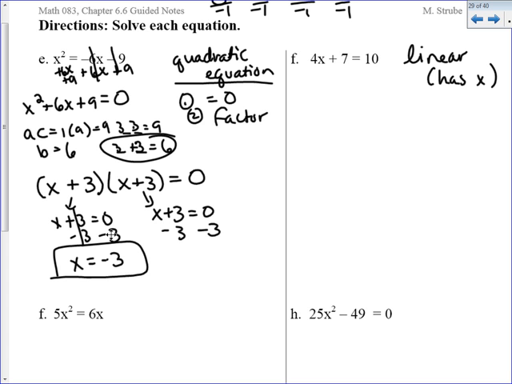Think back before today. How would I solve this equation? What would I do? DeAndre. Move 7 to the other side. So I have 4x equals 3, and then what? Divide by 4. This looks like the end to each of these quadratics. But don't overthink every problem. It didn't have an x squared in it, so I didn't need to go through the quadratic equation steps.